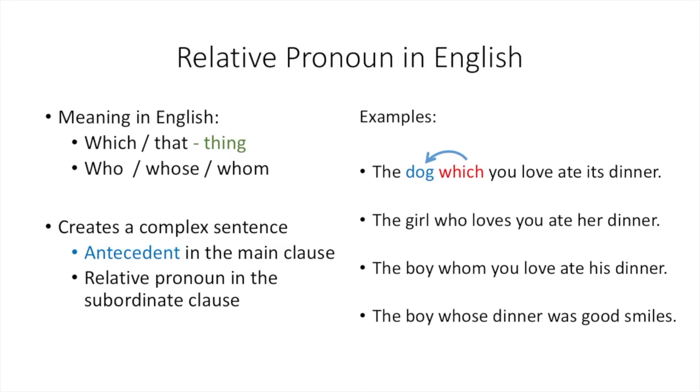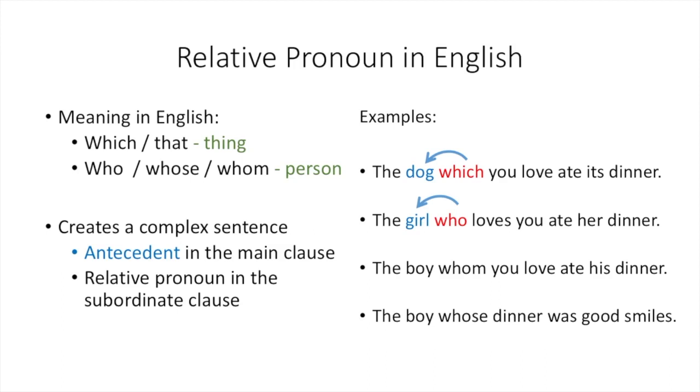In our next sentence, the girl who loves you ate her dinner, the relative pronoun is who. And its antecedent, the word we're learning more about, is the girl. Who is used for people. In fact, whose and whom are also used for people.